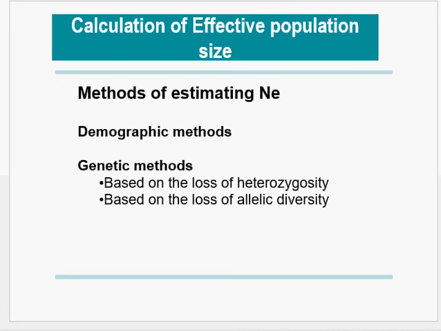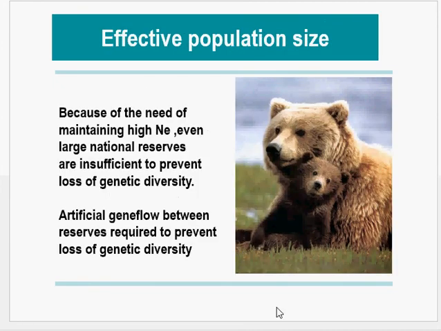Estimates have been done in conservation problems around the world, and it's been found that for a lot of species, even large national reserves is insufficient to contain a large enough effective population of many large animals to prevent loss of genetic diversity.